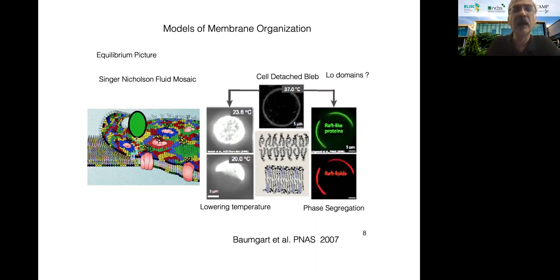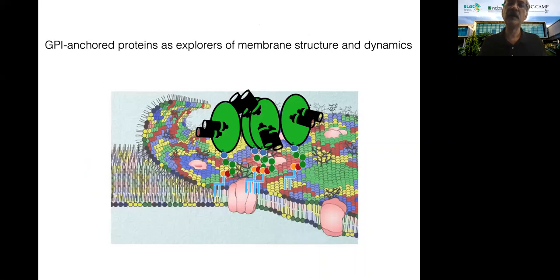And we, at this time, were looking at the organization of a lipid-anchored molecule called the GPI-anchored protein, and asking how this molecule distributes in the membrane. Because if you took membranes from living cells, GPI-anchored proteins happily phase segregated when these membranes were cooled below their physiological temperature.